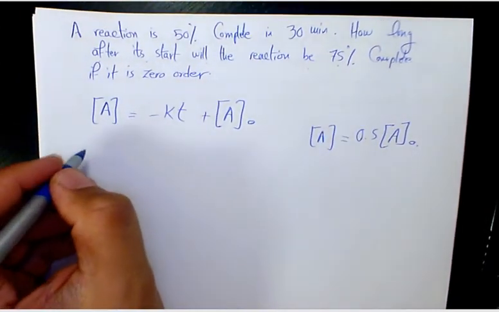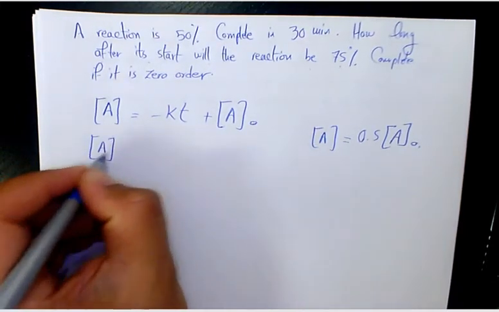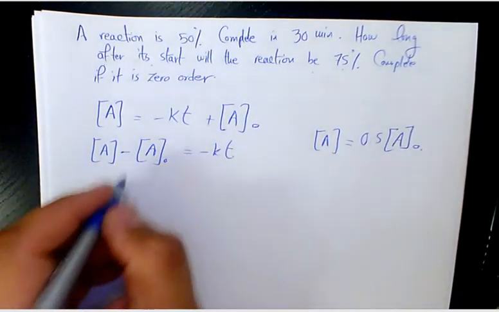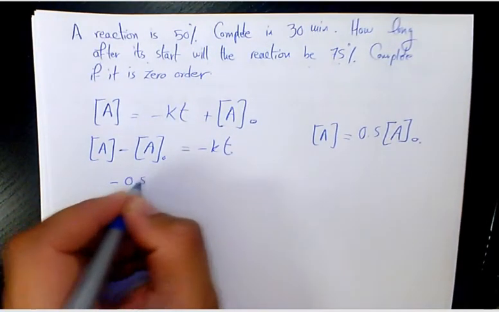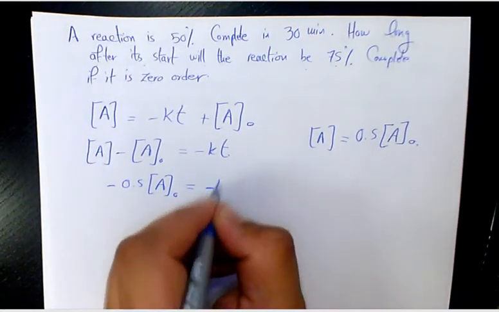So that's going to be A minus A naught equals negative kT. So that's going to be negative 0.5 A. It's going to be negative kT.